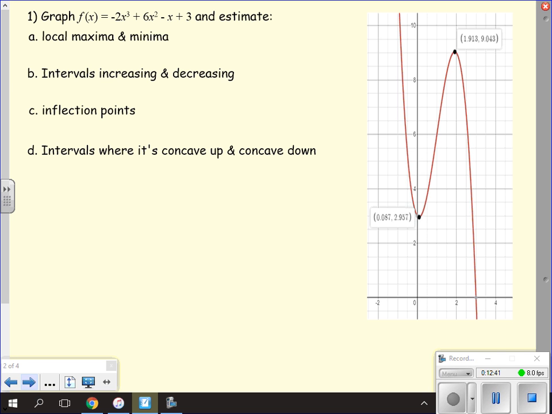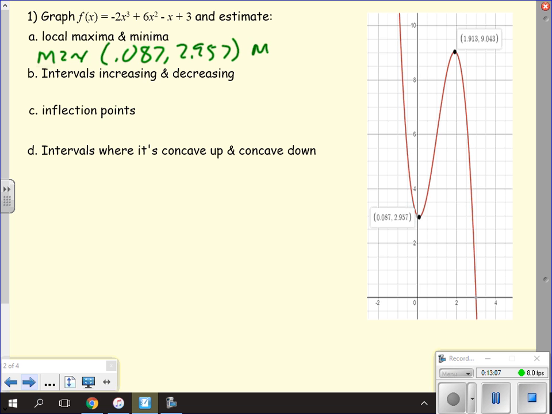So I've got a copy of the graph right up here. My local minimum takes place at 0.087, and it is 2.957.